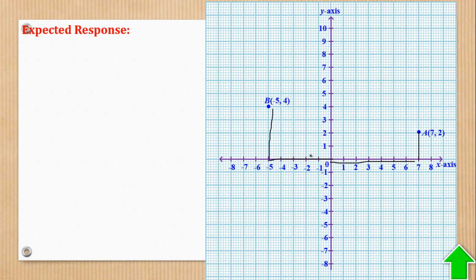Then (-2, -7), you move 2 units to the left horizontally and 7 down. So those are the 3 points. Then you join them using a ruler to obtain the triangular plot. Joining A to B gives that, B to C gives that, and C to A gives that. So basically that is the triangular plot of land.